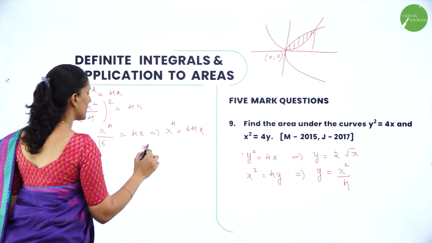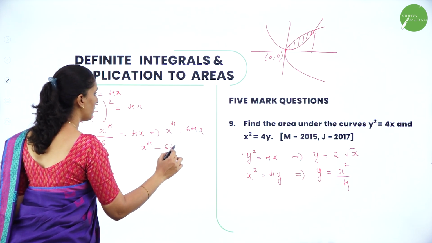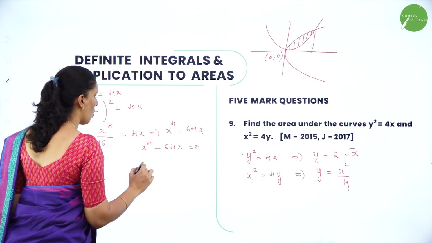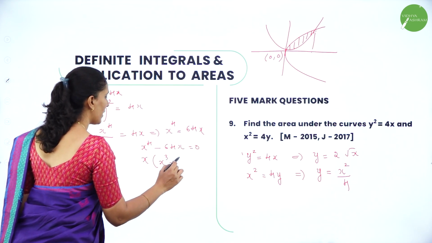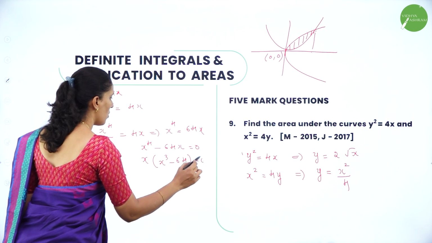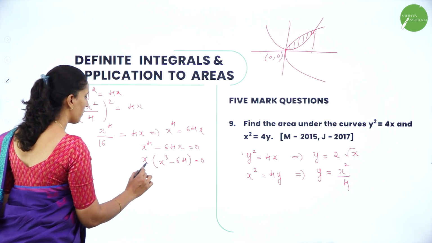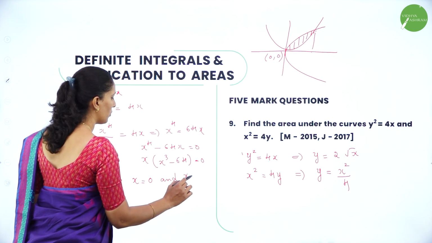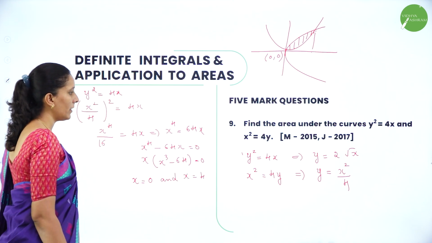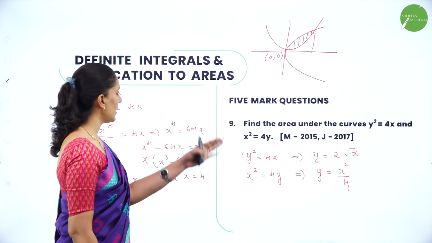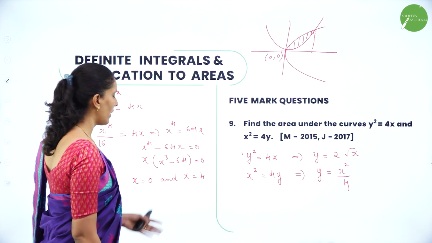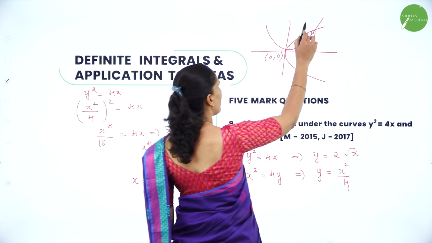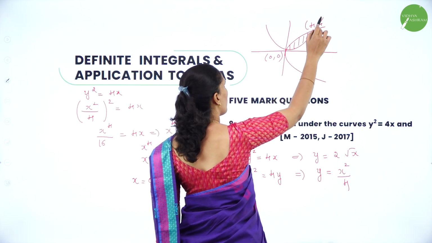Or I can write this as x power 4 minus 64x is equal to 0. Taking x common, x into x cube minus 64 is equal to 0. On solving these two equations, we will get x is equal to 0 and x is equal to 4. So clearly, if x is equal to 4, then y is also 4. Therefore, this point of intersection we can write as (4, 4).